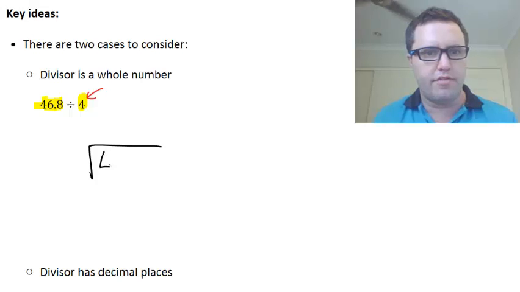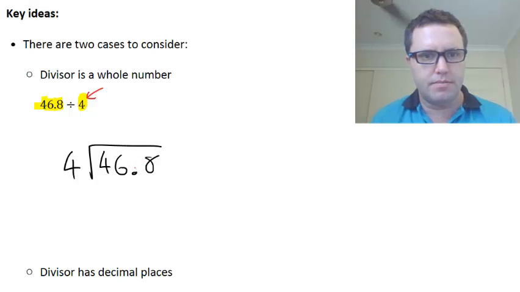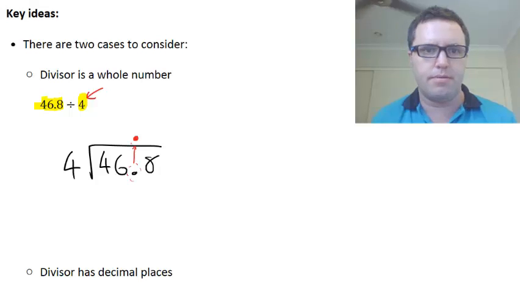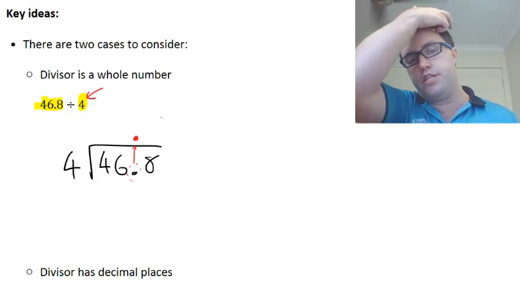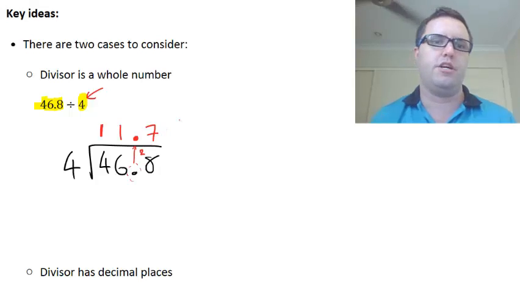So we're going to have 46.8 divided by 4, and wherever the decimal point is down here, it's at the same place up here, with our division algorithm. 4 into 4 goes once, 4 into 6 goes once, remainder 2, 4 into 28 goes 7 times, done.